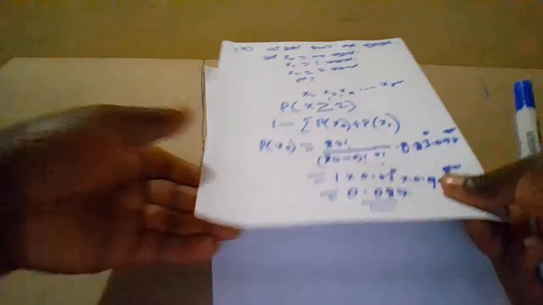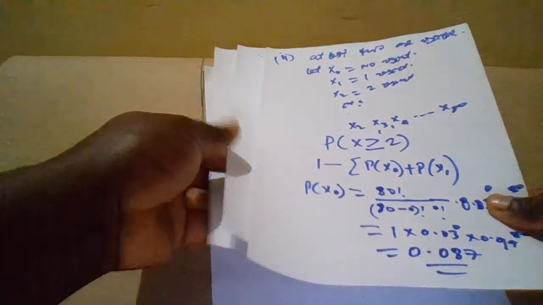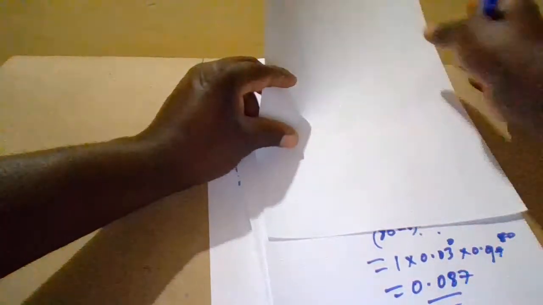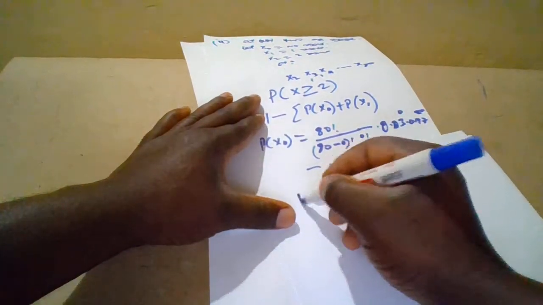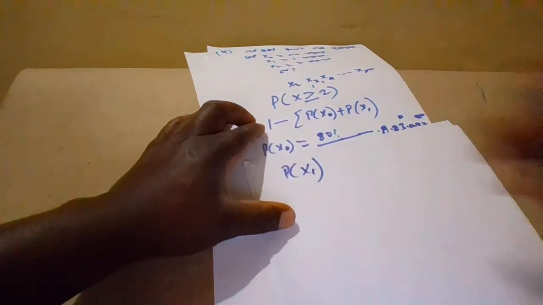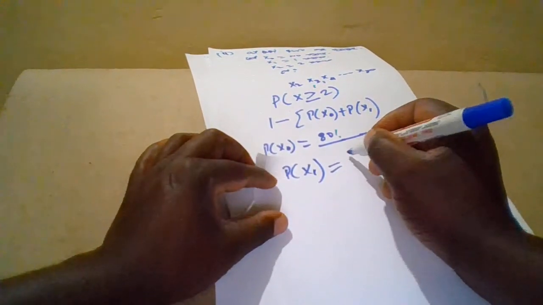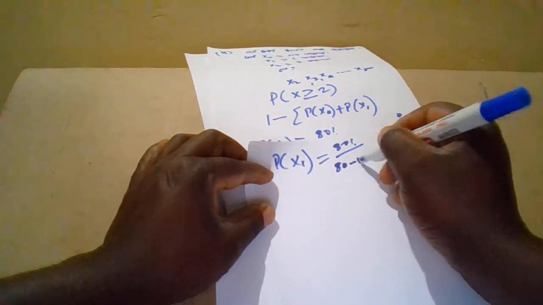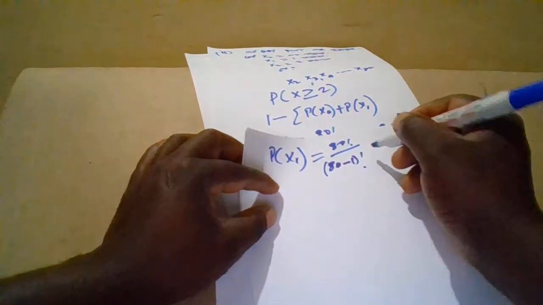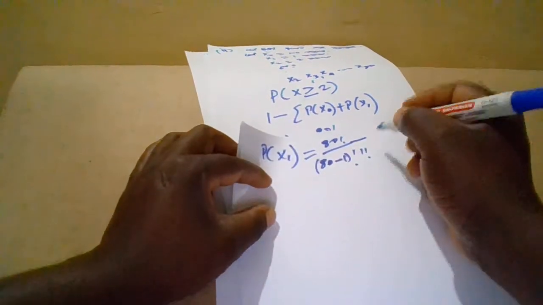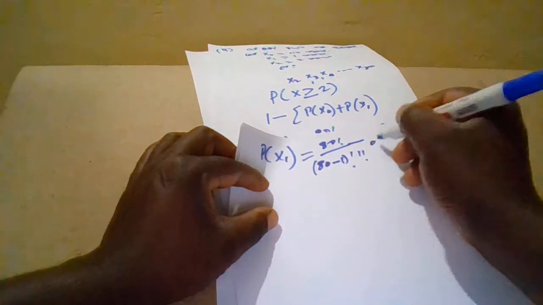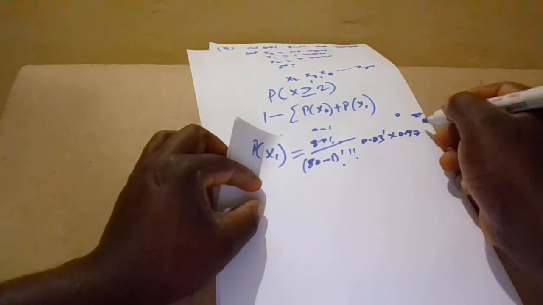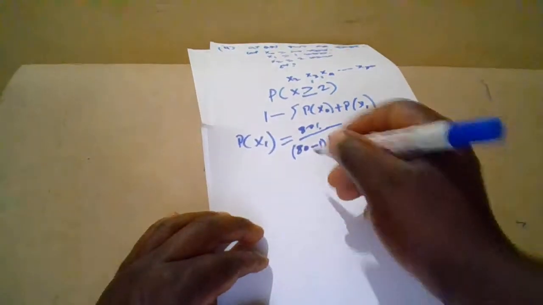Then we get the probability of 1 reject, which equals 80 factorial over (80 minus 1) factorial times 1 factorial, times p, which is 0.03 raised to 1, times 0.97 raised to 79.